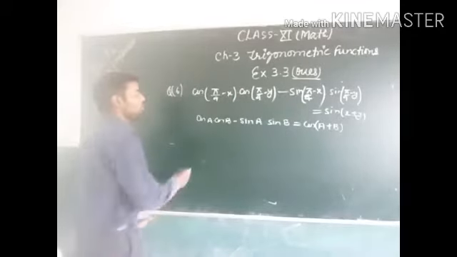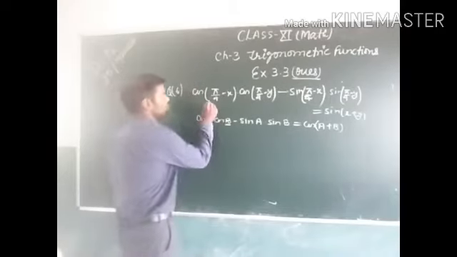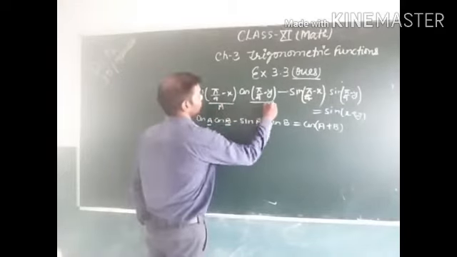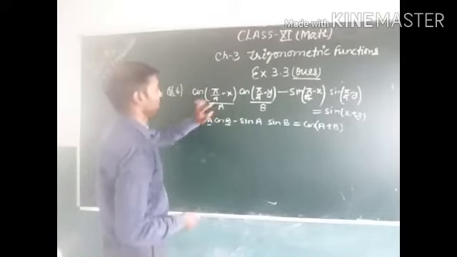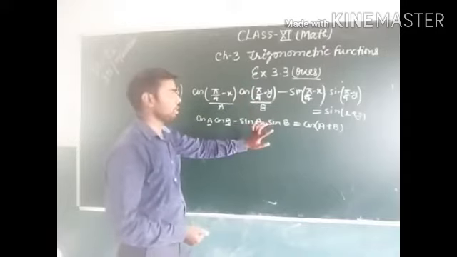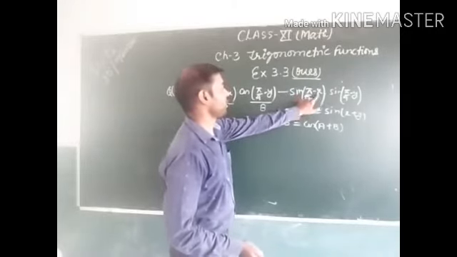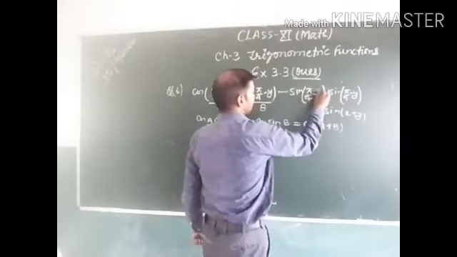First of all, cos A and cos B. So what is the value of A and B? The value of A is equal to pi by 4 minus x and the value of B is equal to pi by 4 minus y.